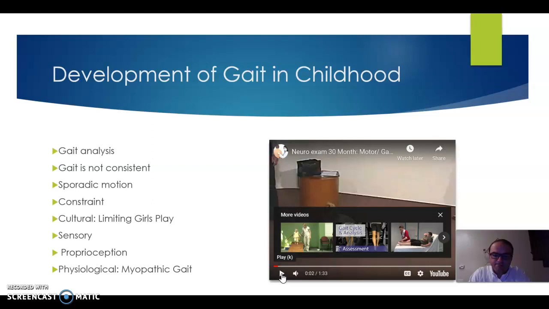And myopathic gait causes a person to waddle, and it happens because of muscle weakness. And so his hips, my friend with muscular dystrophy, his hips would drop, and he would waddle because of his muscular dystrophy.